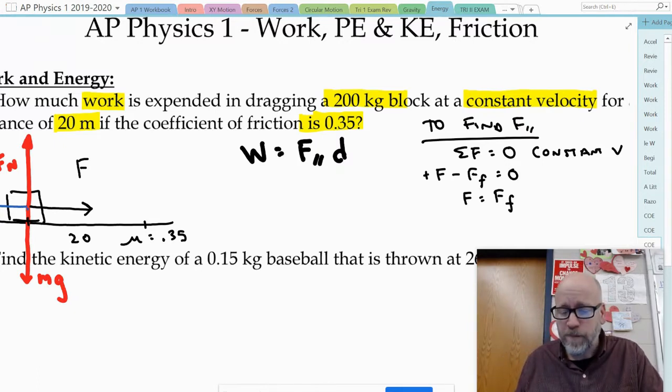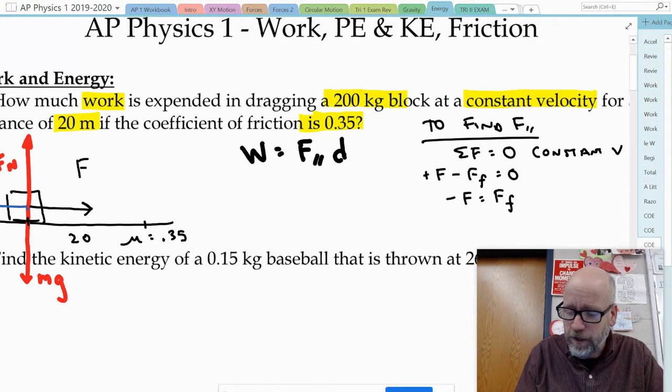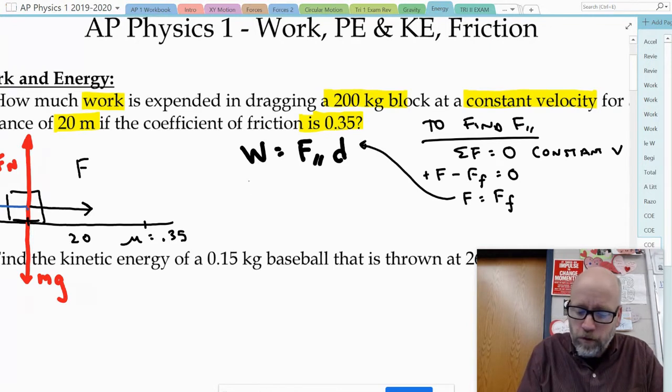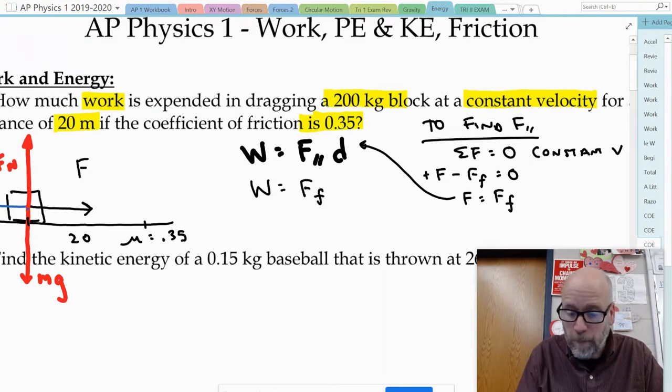Now, if the force is the force of friction, I'm going to go ahead and substitute that in. So work, in this case, is going to be the force of friction times the displacement. Now that force of friction is going to be mu times the normal force, times the displacement.